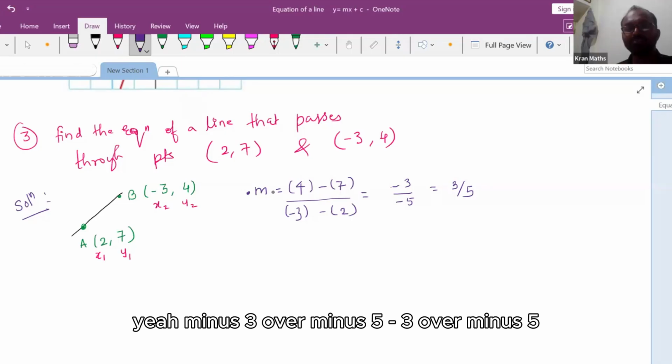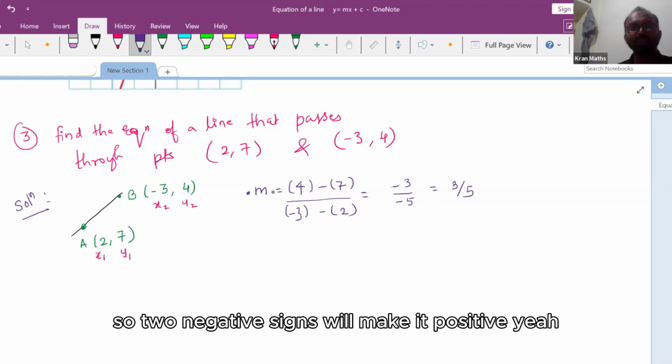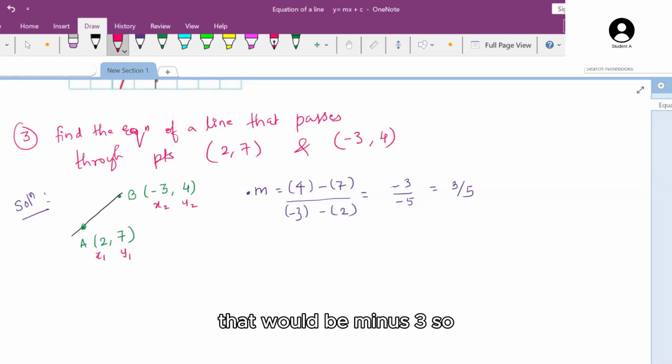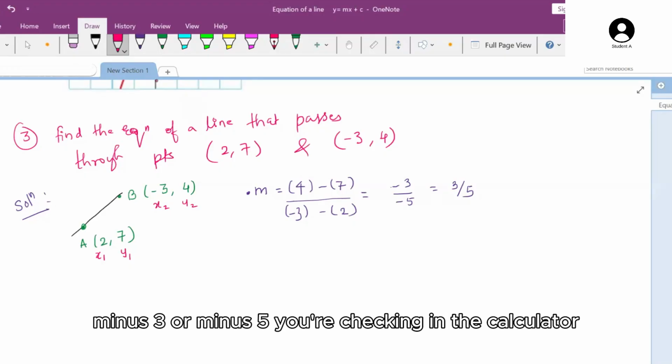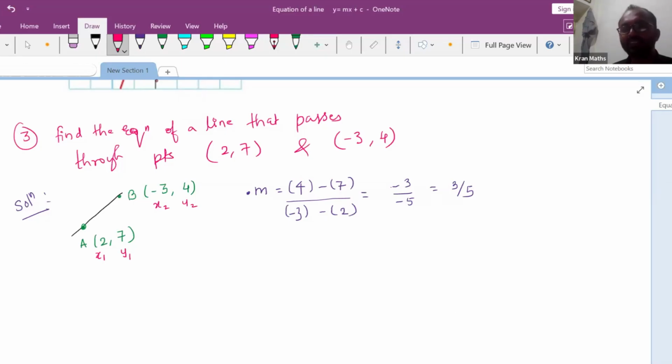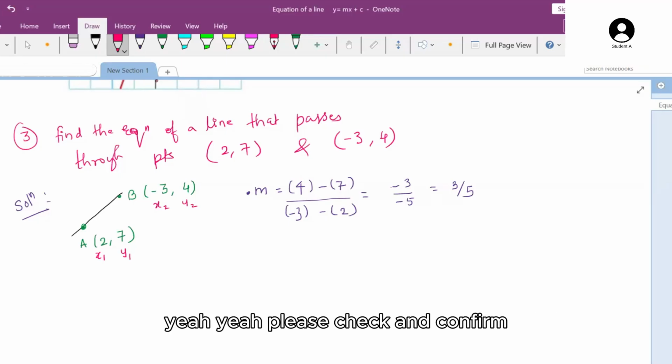Two negative signs will make it positive. Should I use a calculator for this? Minus 3 over minus 5. You're checking in the calculator? Yes, please check and confirm.